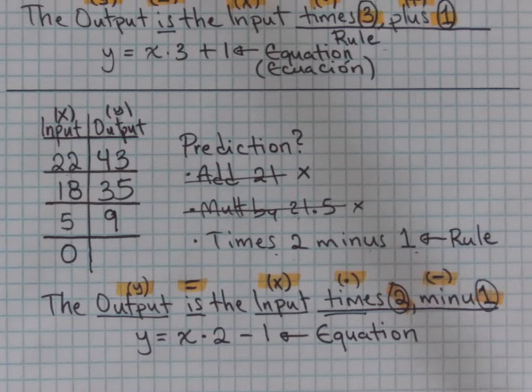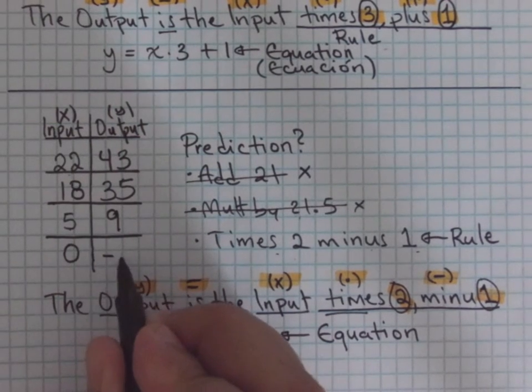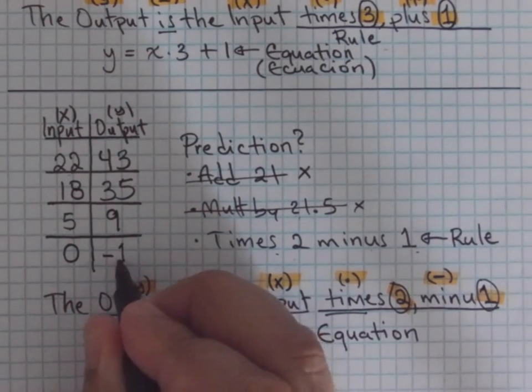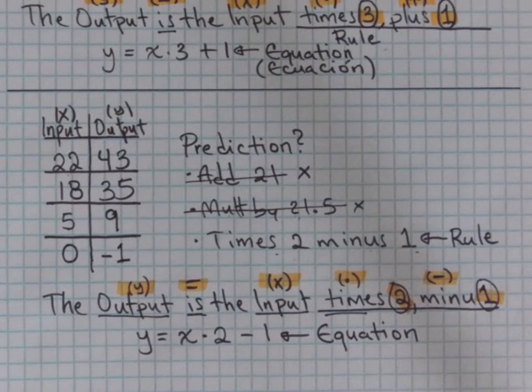All right, so I got a couple of answers. I think everybody else is just kind of freaking out right now, not sure what to do. So I'm going to put it and say, let's make that nice and obvious, -1.